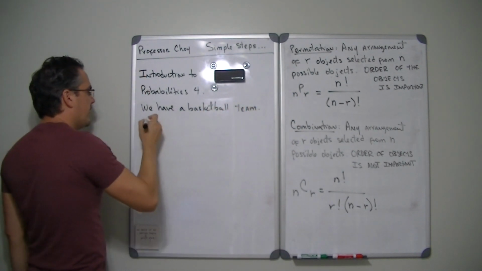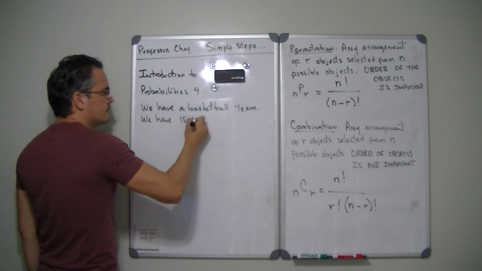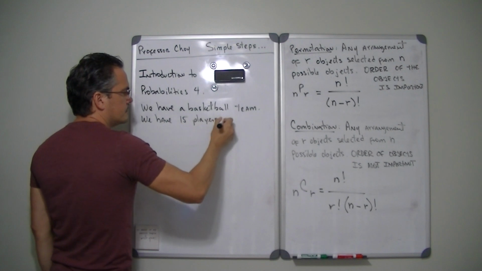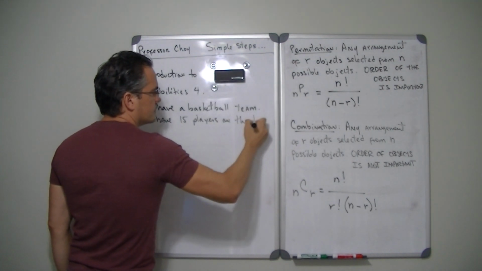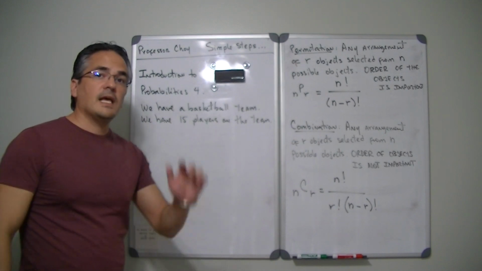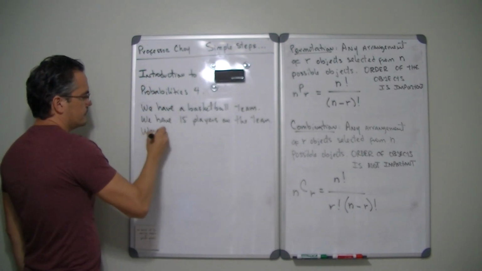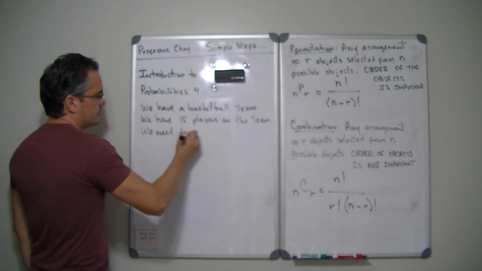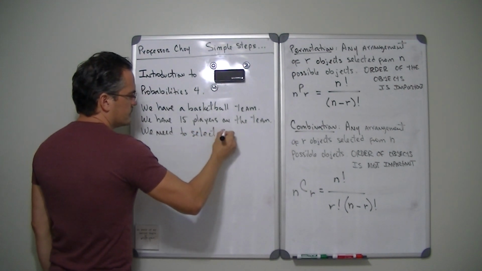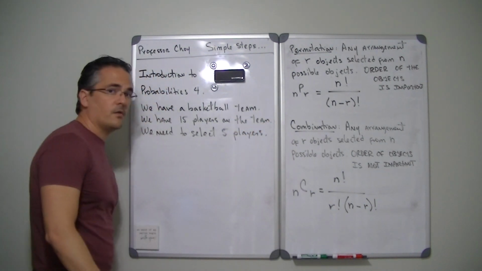And we have 15 players on that team. Alright? Now let's say we need to select 5 of those players to play on the floor. Okay?